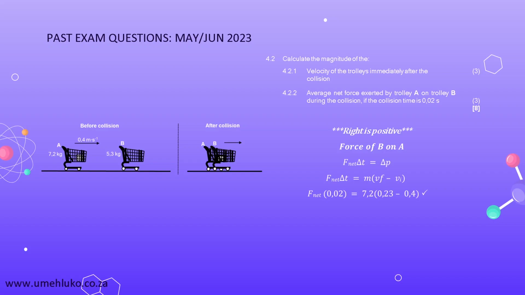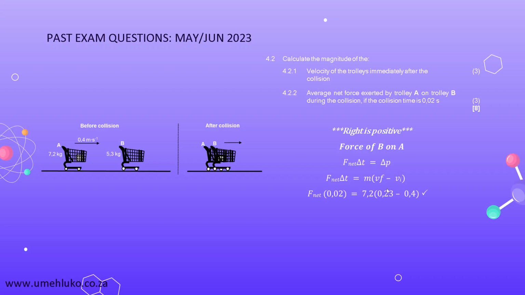Substituting that, we eventually say F net multiplied by 0.02, which is the time it took for them to collide, will be equal to 7.2, 0.23 minus 0.4.